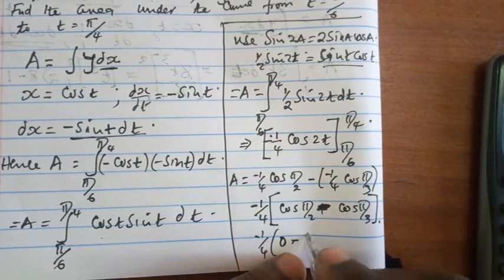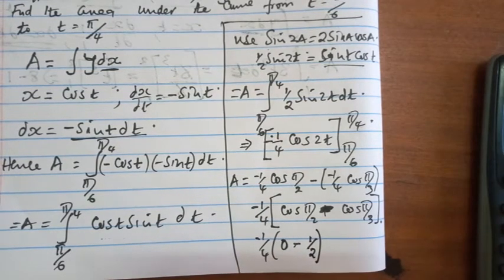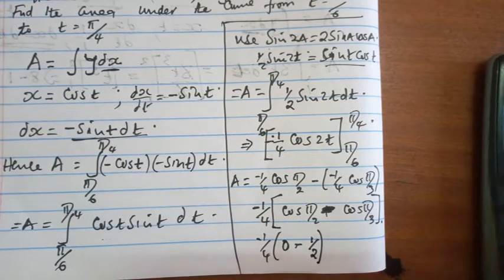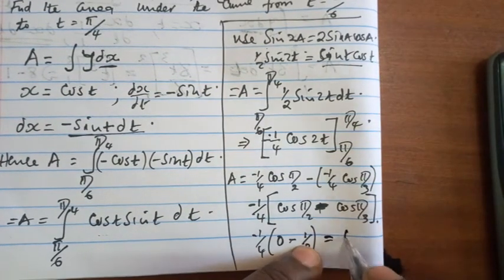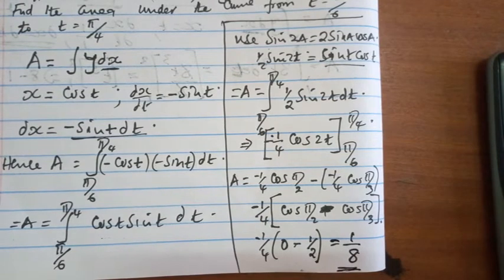So minus a half. Close the bracket. Minus a quarter multiplied by minus a half is obviously going to be positive an eighth. And that is the final answer.